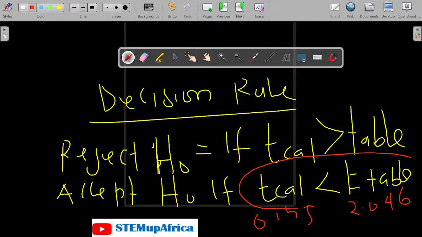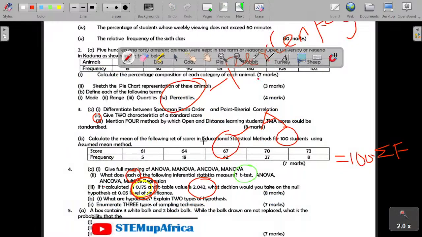So I believe that is understood. So next, let's find the next question. A null hypothesis means there is no significant difference between two groups of people when it comes to performance tests or performance evaluation.